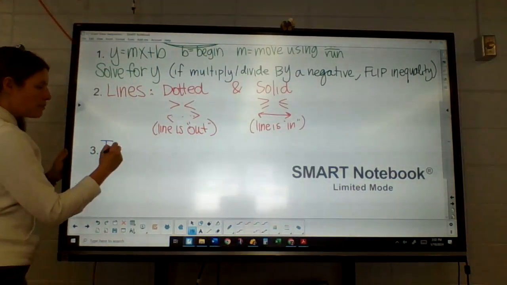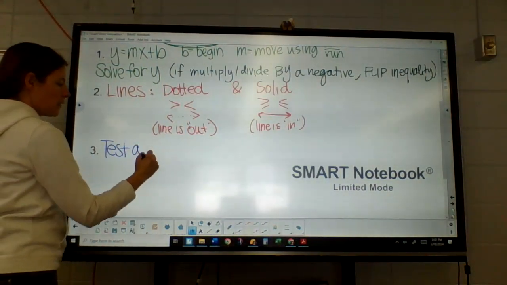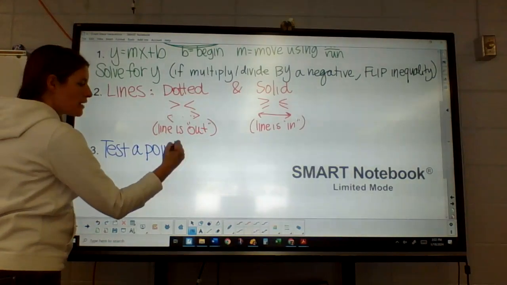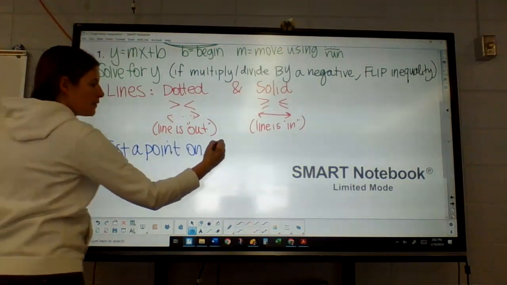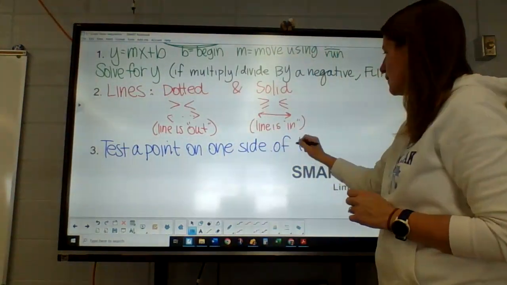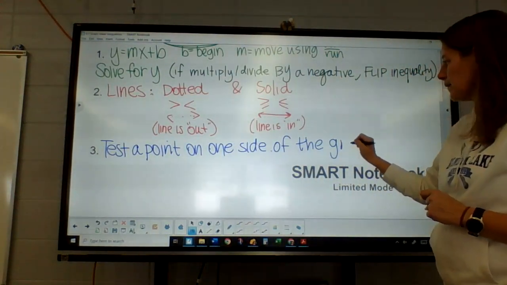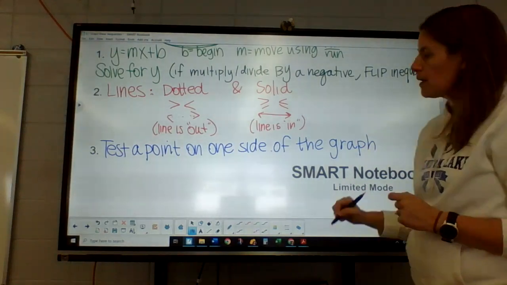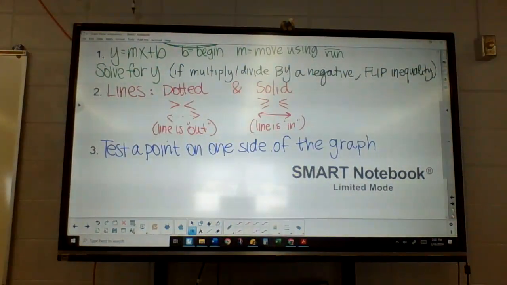So we're going to test a point on one side of the graph. If that point works, we're going to shade that side of the graph.